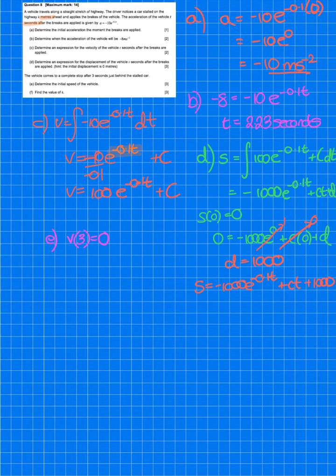So we can use our velocity formula, which we know up here. And we can say 100 e to the negative 0.1 t plus c. If we use that after 3 seconds the velocity is 0, we get 100 e to the negative, when we sub in 3, 0.3 plus c.